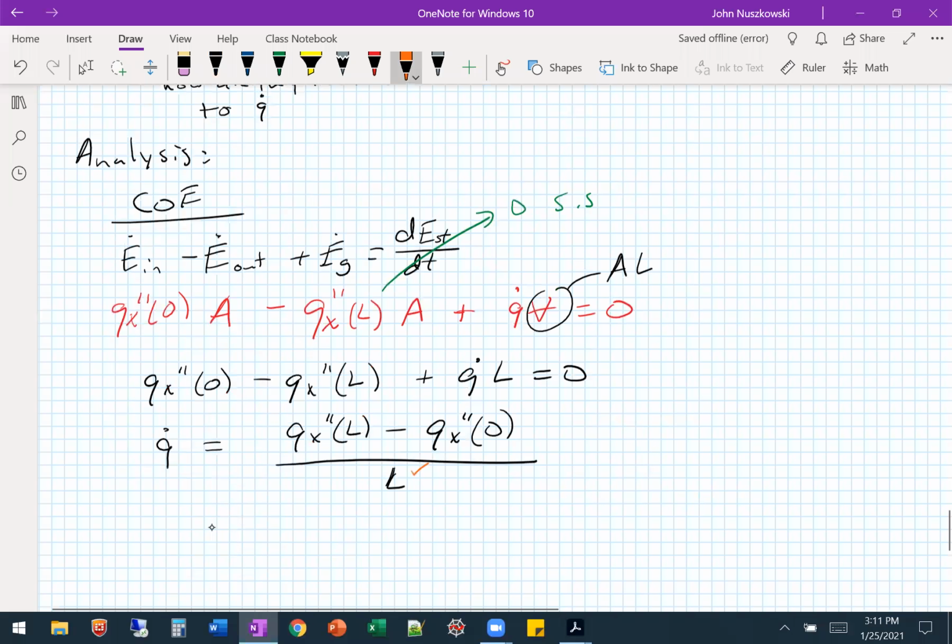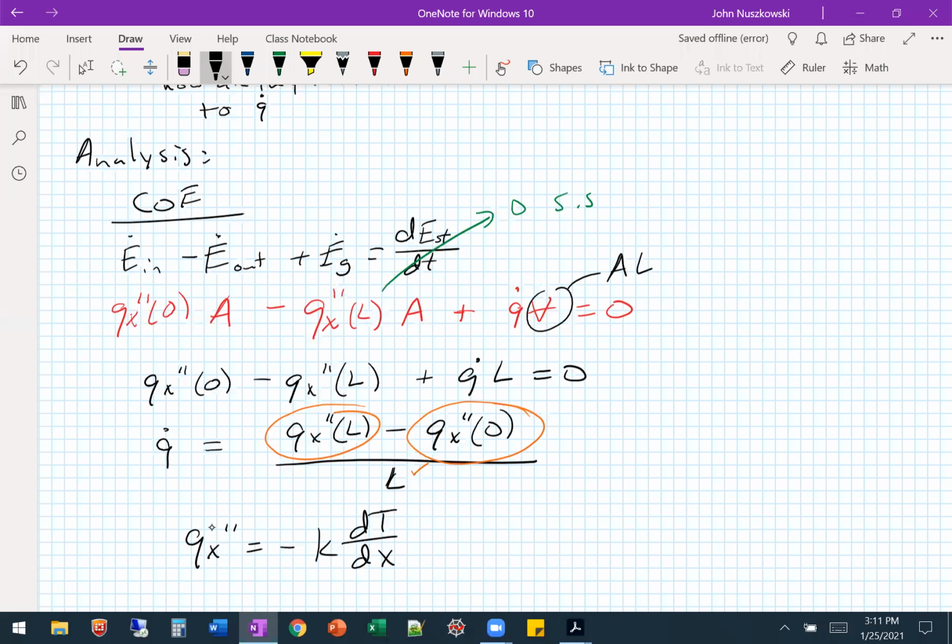All right, so how do we get these heat fluxes then? X equals 0 and X equals L. We could use Fourier's law, right? Yep, so if we use Fourier's law for heat flux, and the X direction looks like this, right?